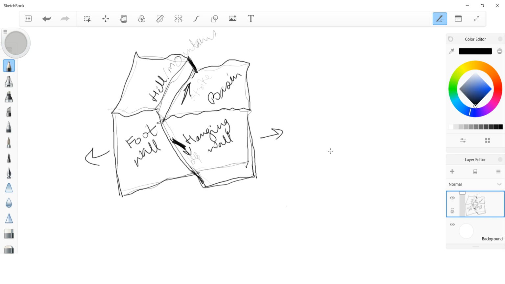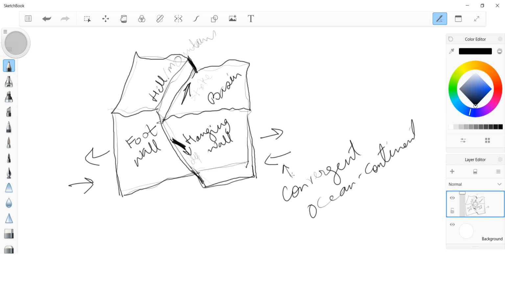In the opposite case, when you have a compressional force instead of tensile force, you can imagine a convergent boundary, like in the case of the Pacific Ocean and continent, where the oceanic plate is converging downwards, that is your compressional force. Another example is when two continents are colliding, that is another case of a convergent boundary.